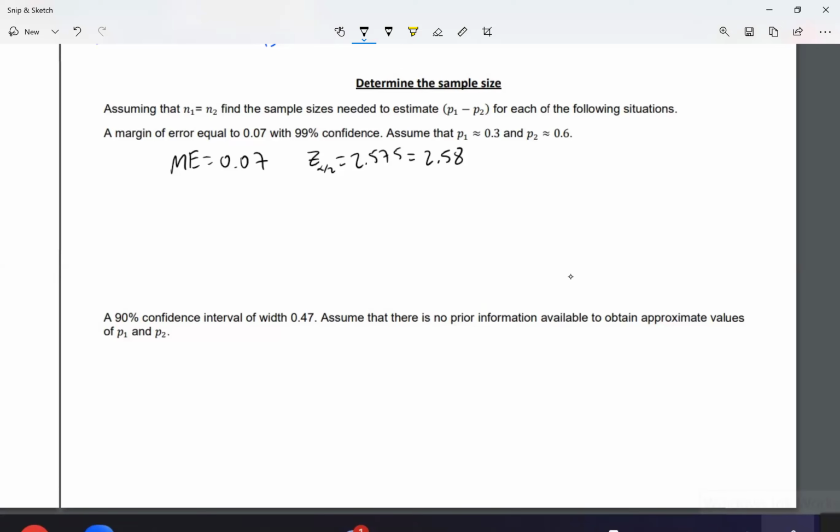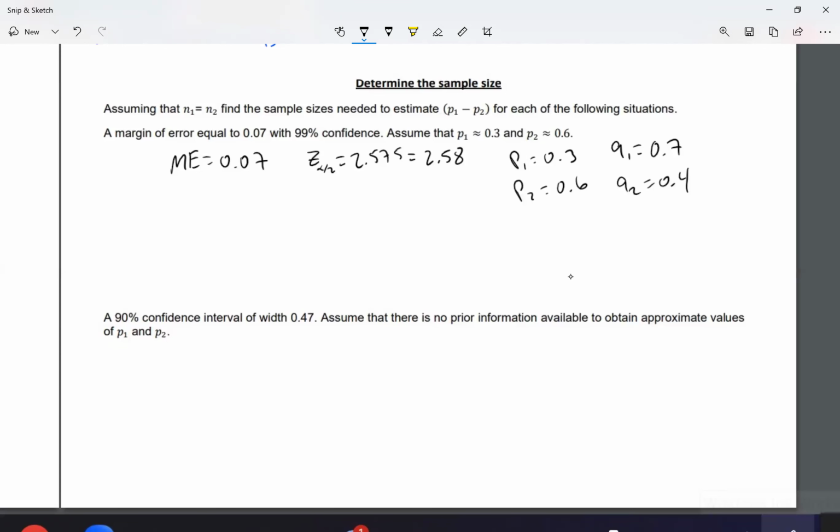And I have my P1 is about 0.3, my P2 is about 0.6. Since P1 is 0.3, Q1 is 0.7, because remember, to find my Q, I go 1 minus P. My Q2 is going to be 0.4.